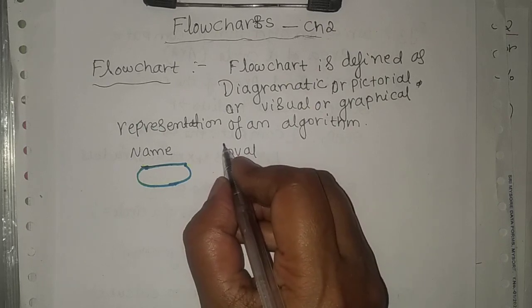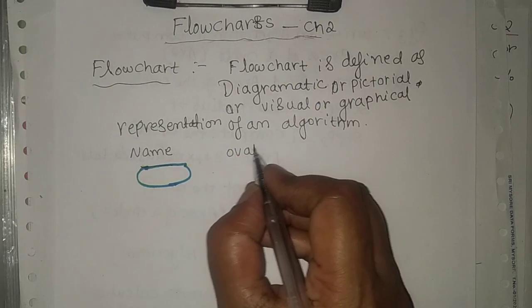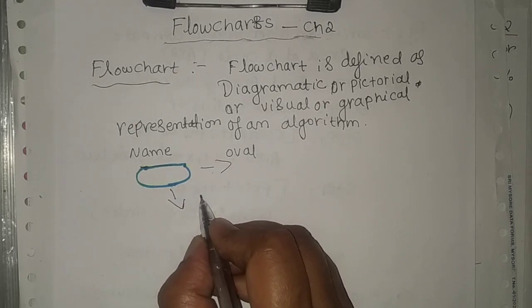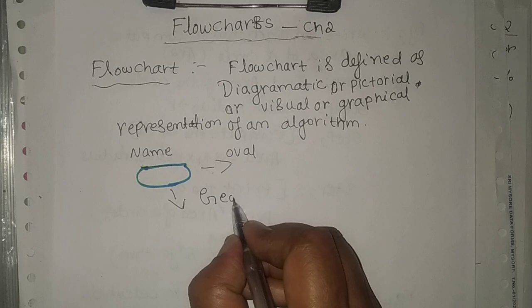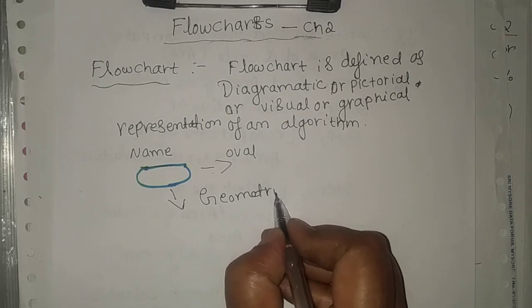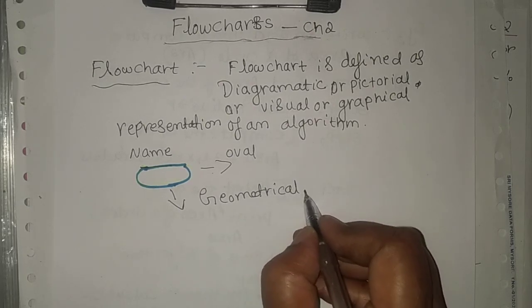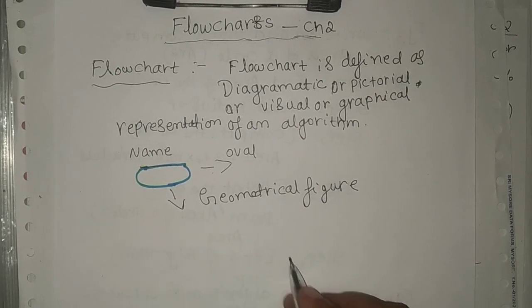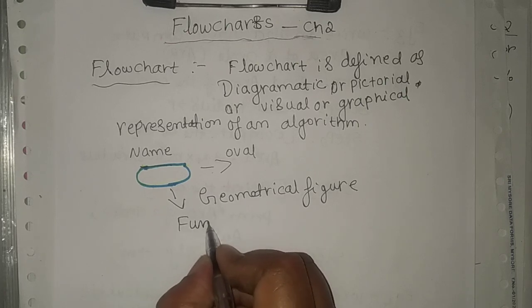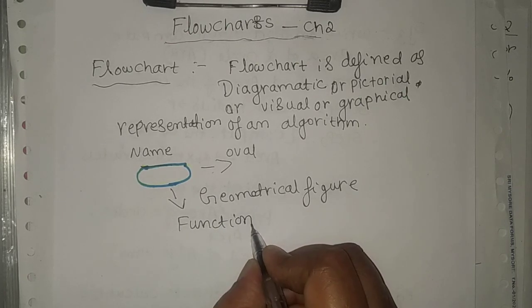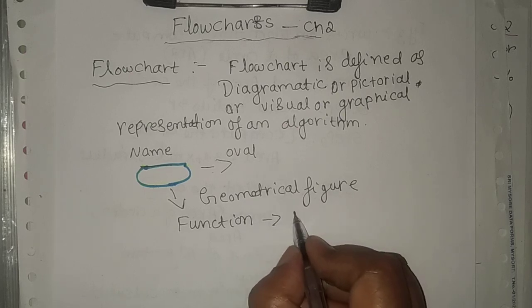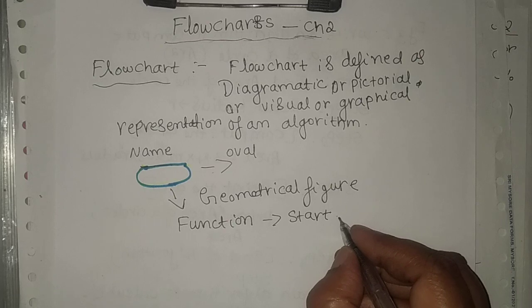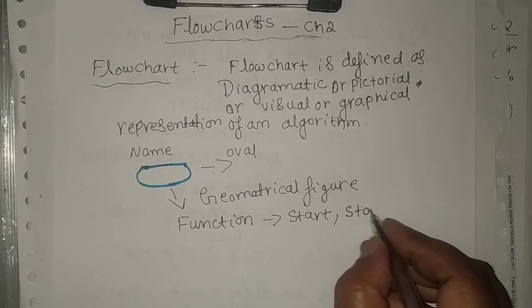So this is oval, and this is a geometrical figure. Name is oval, and its function is used for starting the program and ending, start, stop.